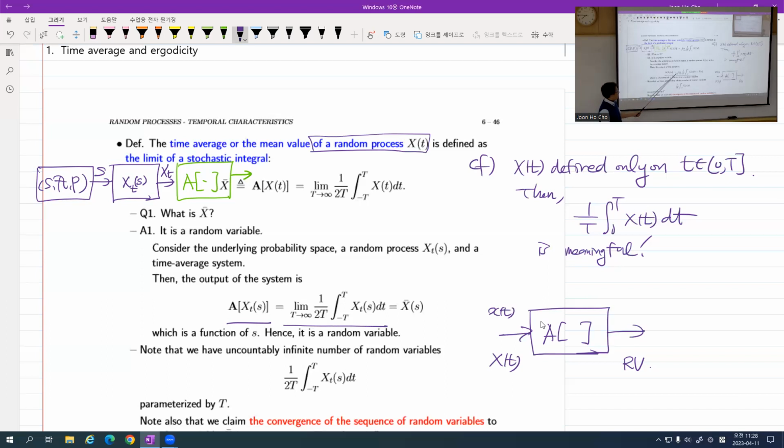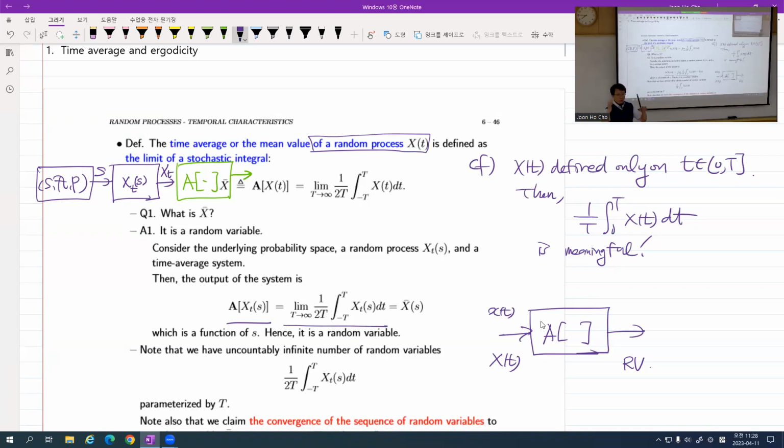Now let's see what this is. This gives us some real number as our argument, so we may call this a function of s. It's a real number, and we know immediately that it's a random variable.